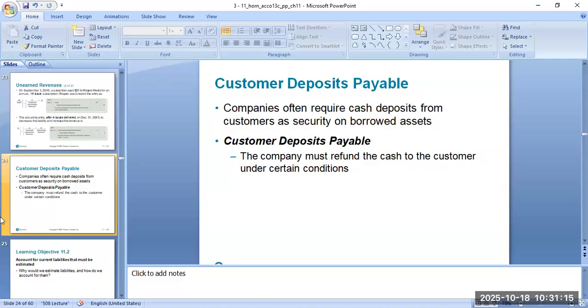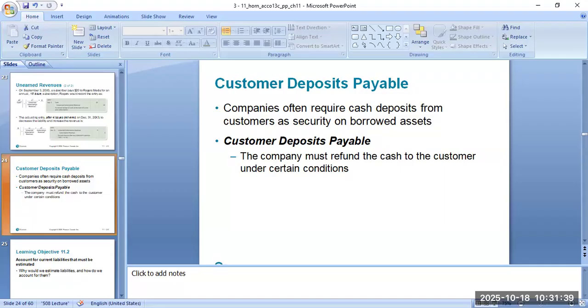Now, what's going to happen if the customer comes to the company and gives a deposit as a security? So, for example, I want to purchase a car.